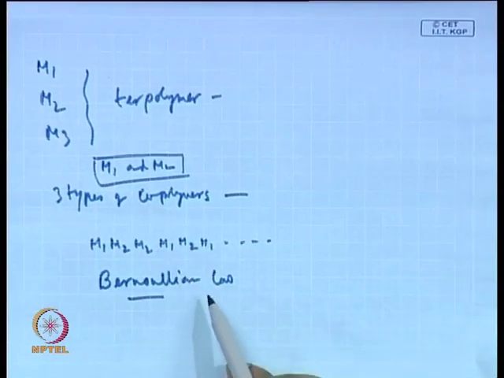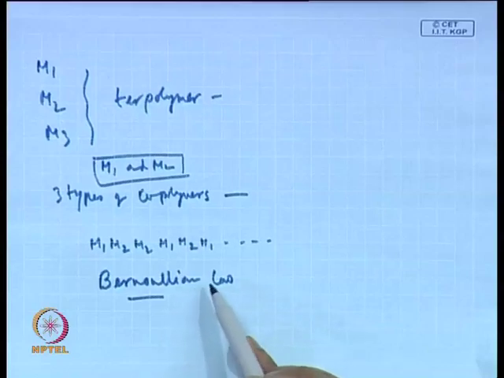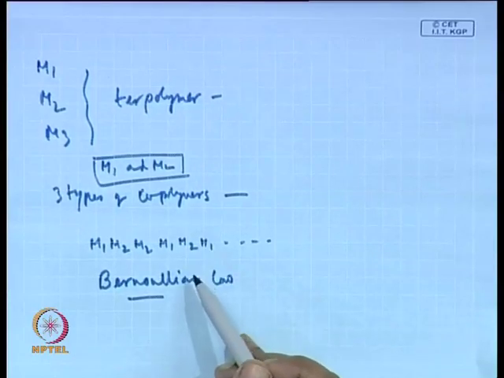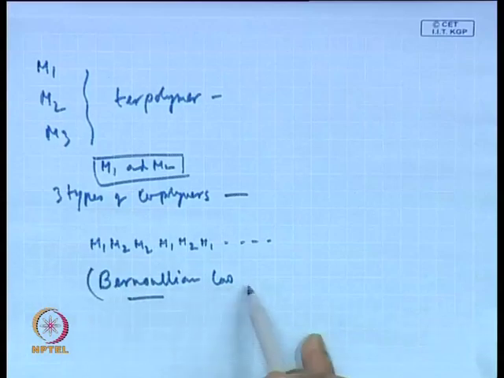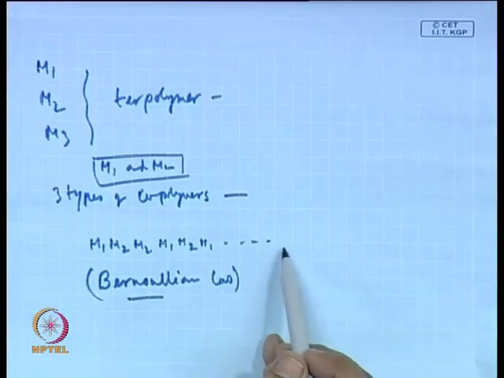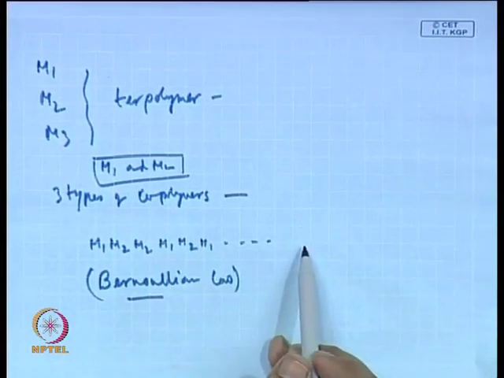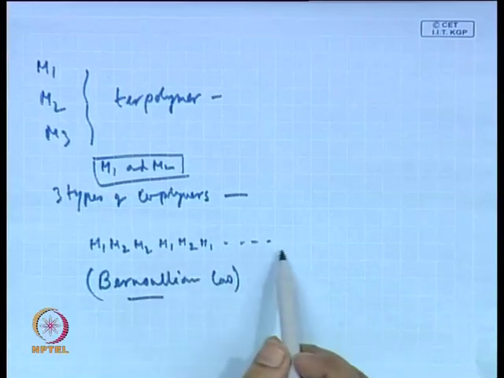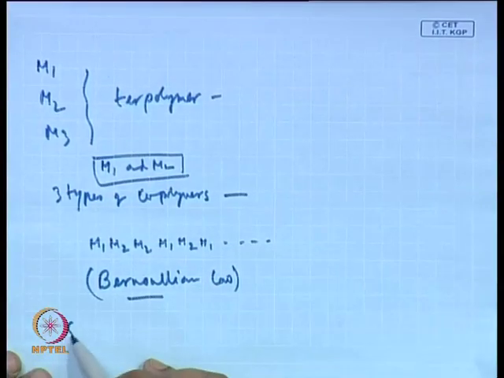There could be other statistical laws which the monomers can follow, but this is one example which gives a complete random arrangement of these two monomers.